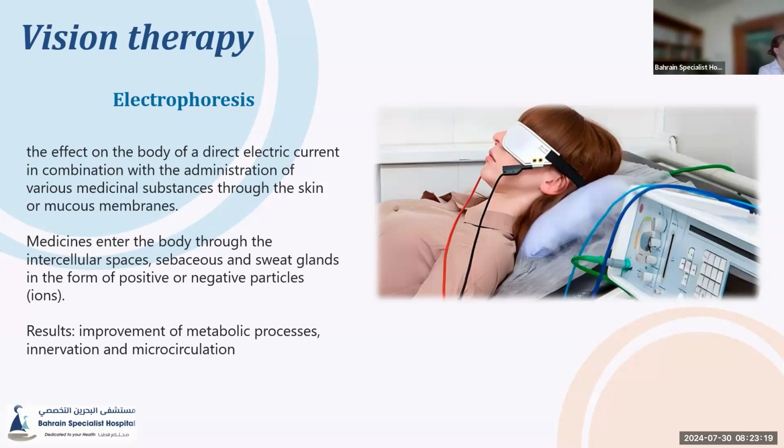It depends on which kind of medicine we use. If we use vasodilators, we will increase microcirculation and metabolic processes. For example, if it's not amblyopia, sometimes in some kinds of chronic diseases, we can use electrophoresis with antibiotics.